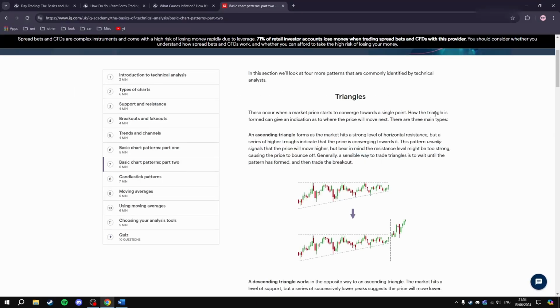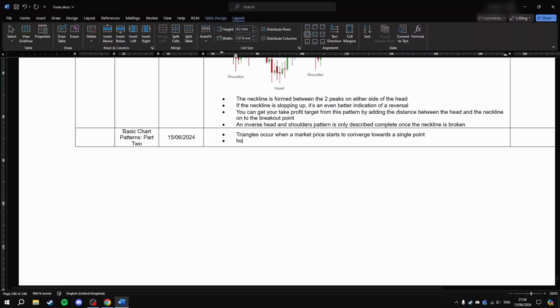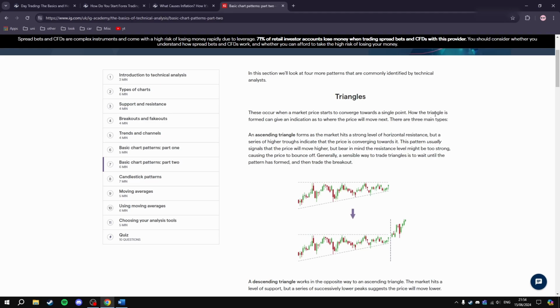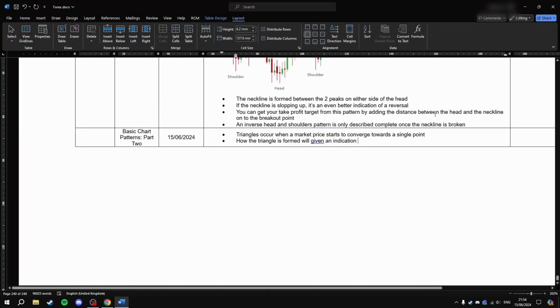How the triangle is formed will give an indication as to where the price will move next.